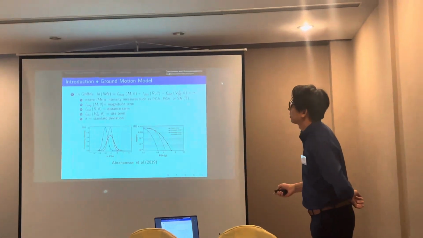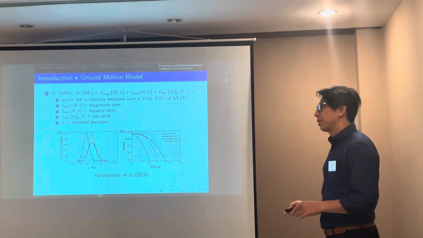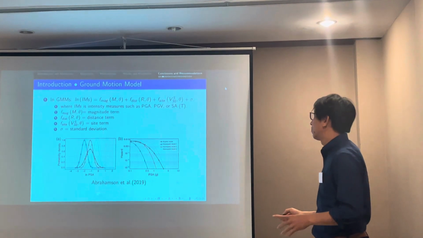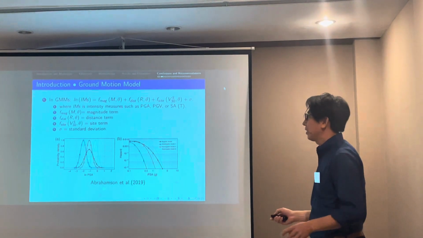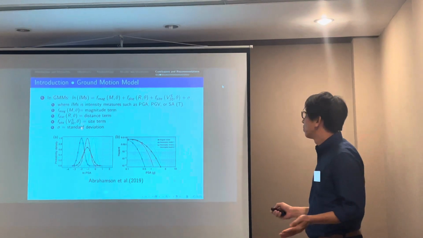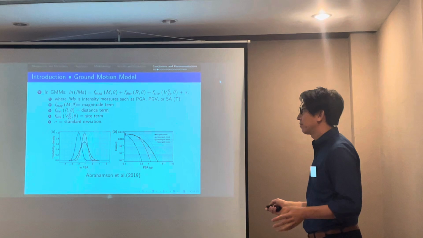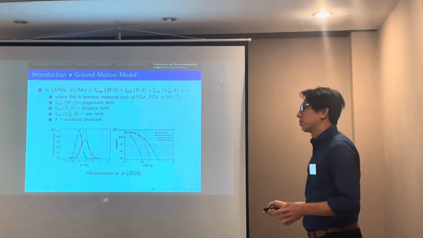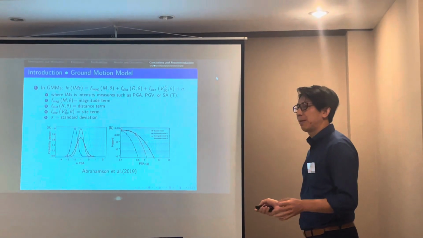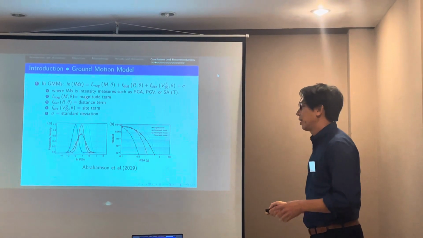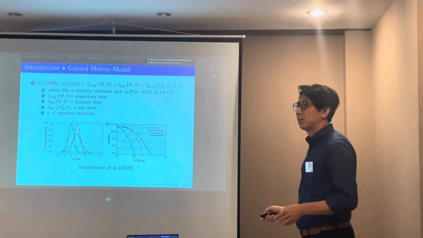Okay, so in general, there are three key factors that influence ground motion amplitude, which include magnitude, distance, and geological site condition. In other words, the ground motion amplitude can be described as a function of magnitude, distance, and geological site condition.